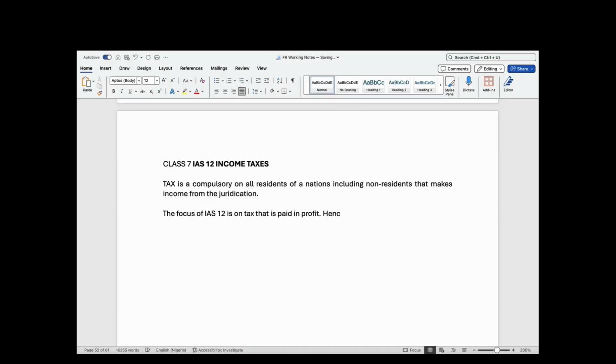Hence, it deals with company income taxes and withholding tax. You know that withholding tax is also a company income tax. It is just an advanced payment of tax. That's why you're able to claim it as a credit when you want to pay your CIT.